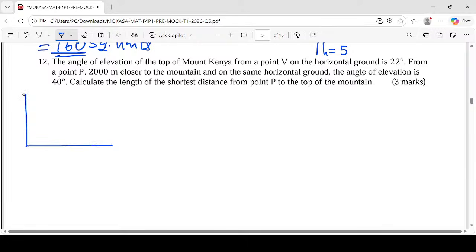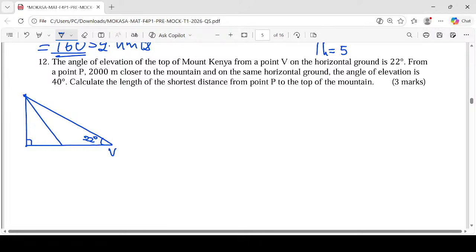So we are going to have a diagram like this, and I'm going to explain it bit by bit so that you understand. From a point V on the ground, the angle of elevation is 22. So we have this particular point V here, where this angle of elevation is 22 degrees.